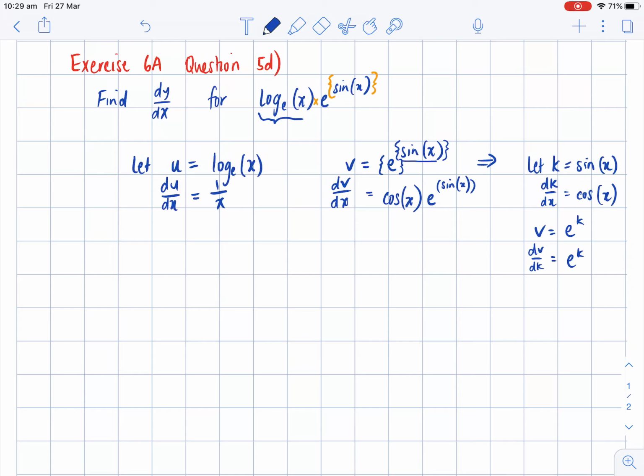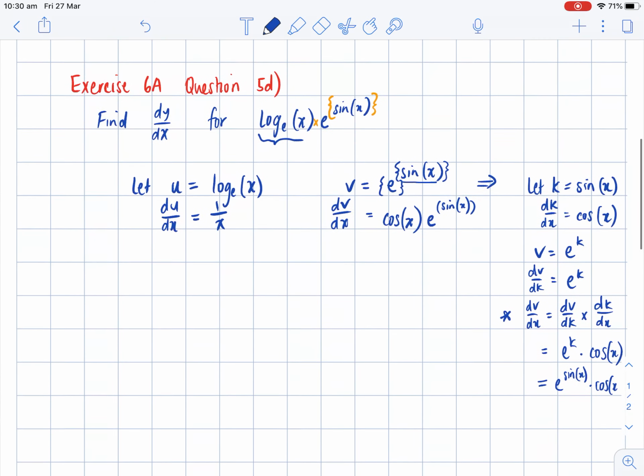So then finally, using the chain rule, I can say dv dx is equal to dv dk times by dk dx. So there's my formal chain rule here, and then put all of those bits together, and I get e to the k times cos x, and then my k value was sine x, so I get e to the sine x times cos x. Oops, I'm right on the edge of the screen there.